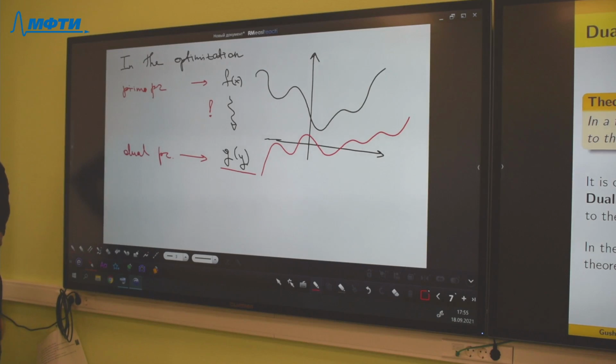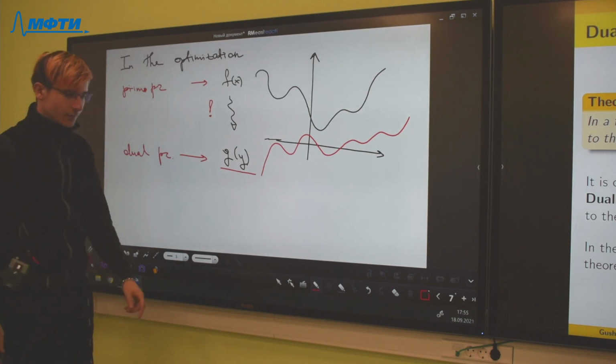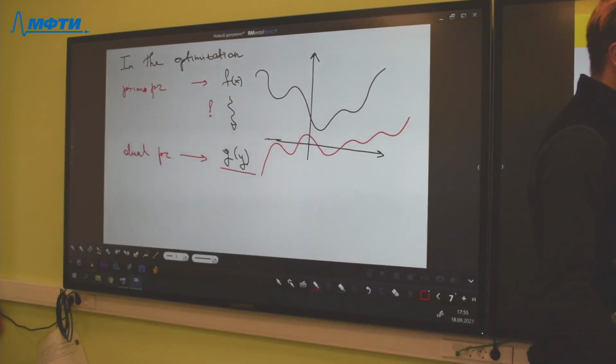And in some cases, it is simpler to compute the dual task than the primal task.